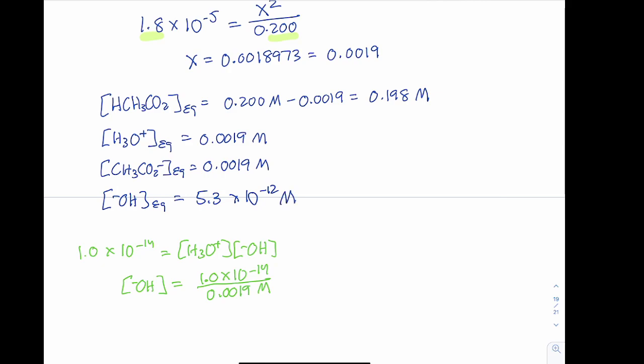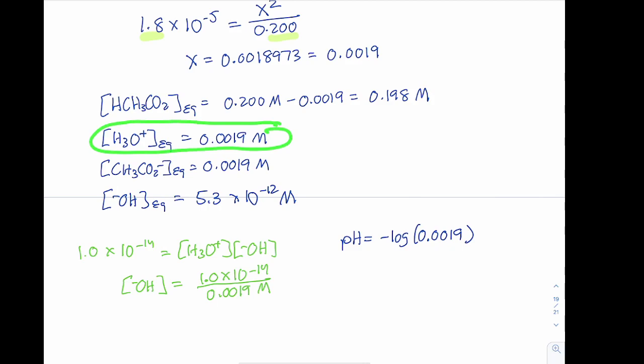Cool. One more, we still have to do pH. And remember, pH is going to be the negative log of my hydronium ion concentration. My hydronium ion concentration here is 0.0019 molar. And I get 2.72.